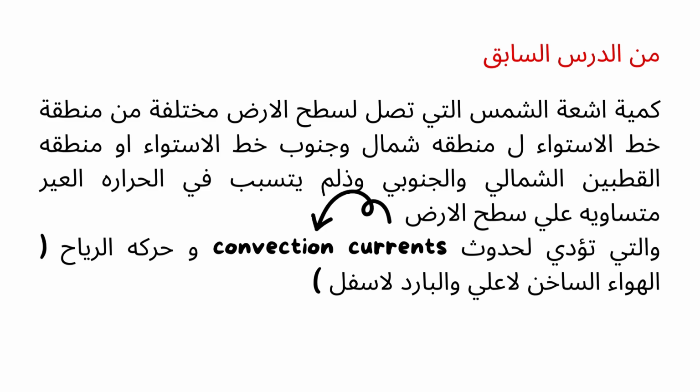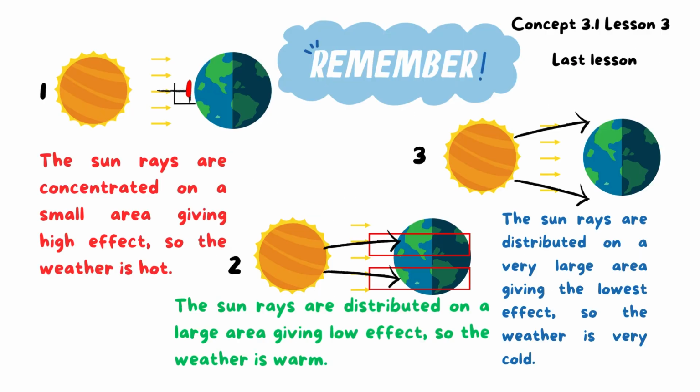And this leads to what? Yes, convection currents happen and movement of wind, as the hot air rises upward and the cold air replaces it, okay? So this is causing the movement of wind, okay?